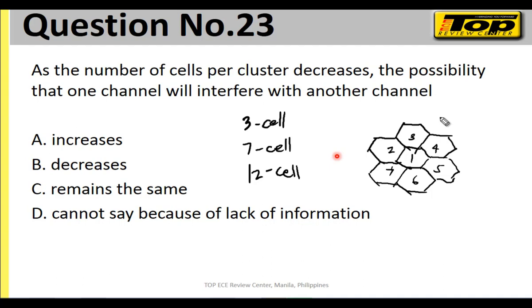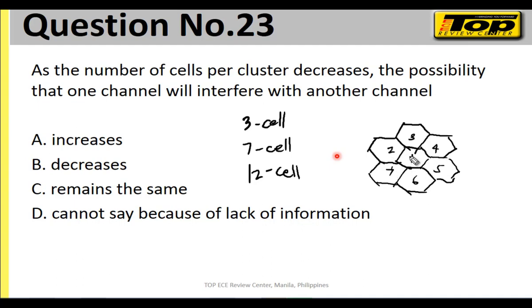Ibig sabihin, malayo naman sa kanya para hindi magkaroon ng co-channel interference. So imagine niyo, we have a 7-cell cluster, another 7-cell cluster, another 7-cell cluster na magkakatabi with, of course, frequency reuse. May mga kapareho silang frequencies on this cluster.